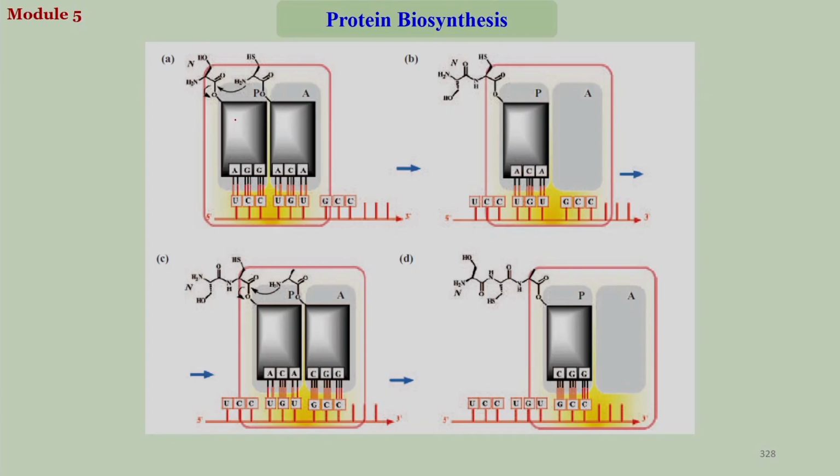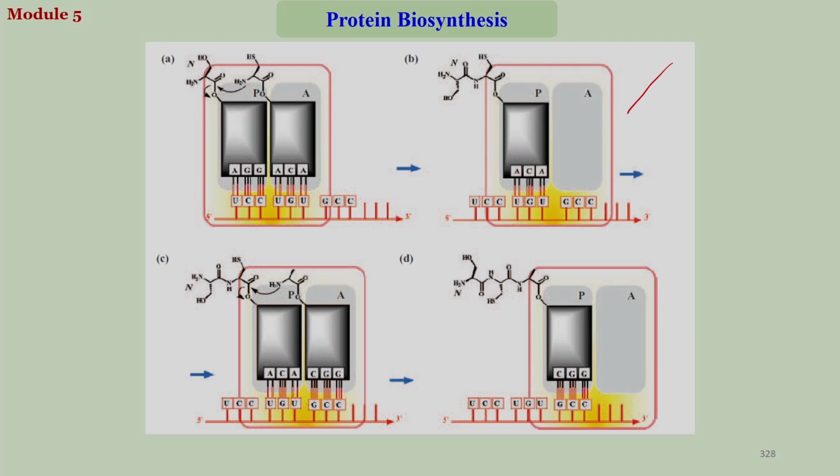This is called our P site, and then comes the A site with the new tRNA with a different amino acid attached to it and a different anticodon which will hybridize to the codon, and then you will have the reaction done. Once the reaction happens, it is transferred to this, and then again a new tRNA has to come.